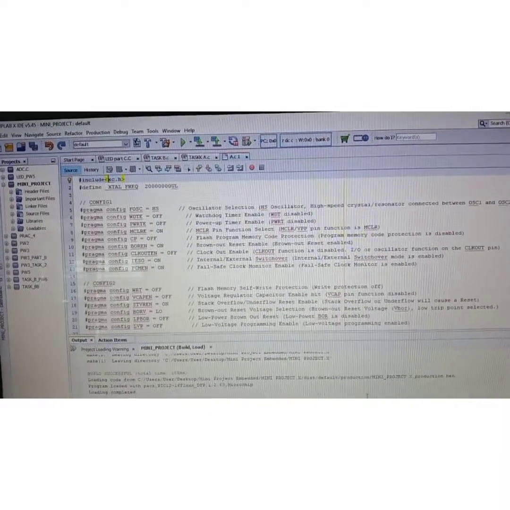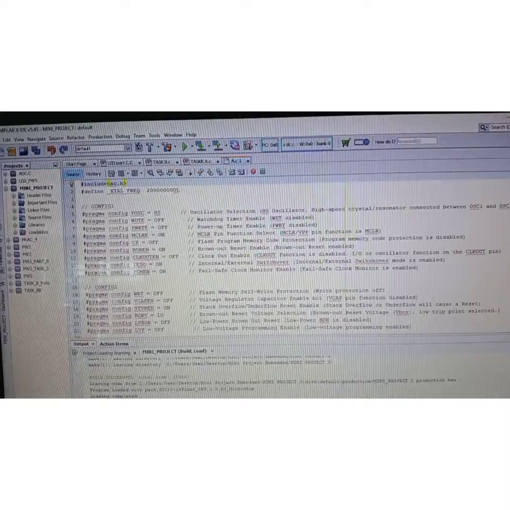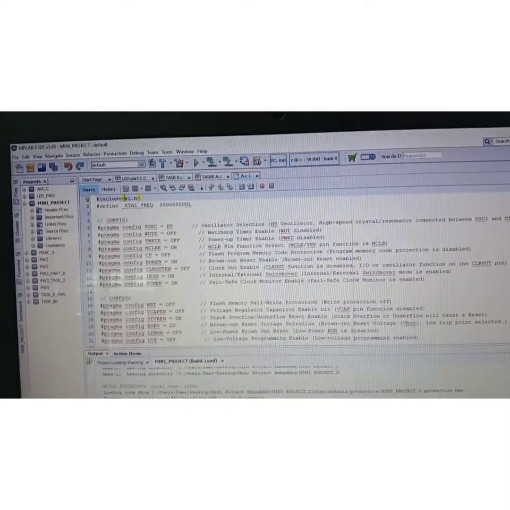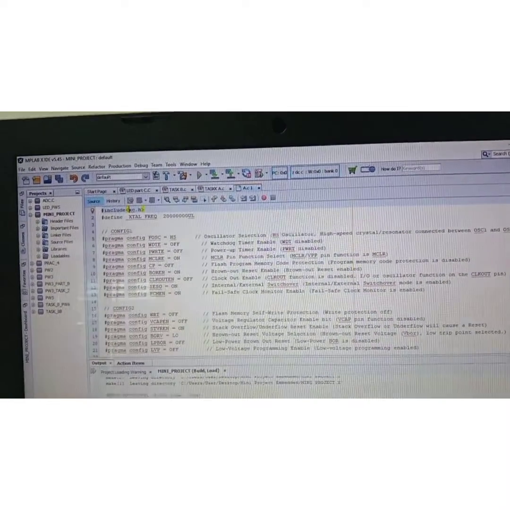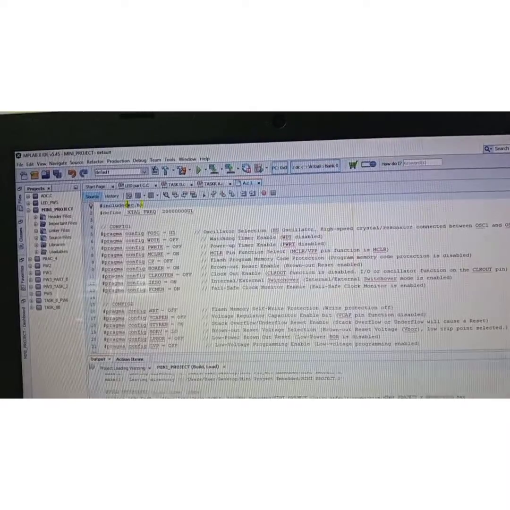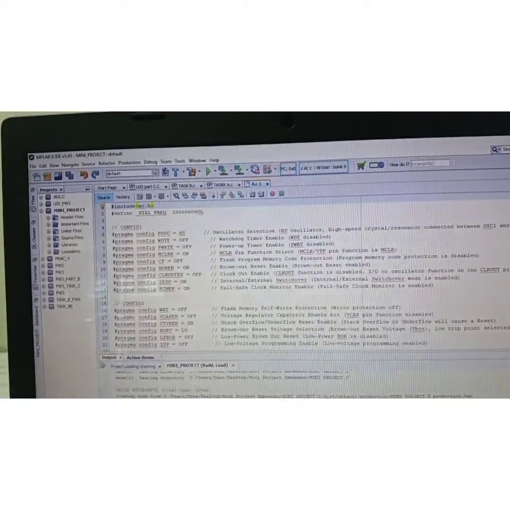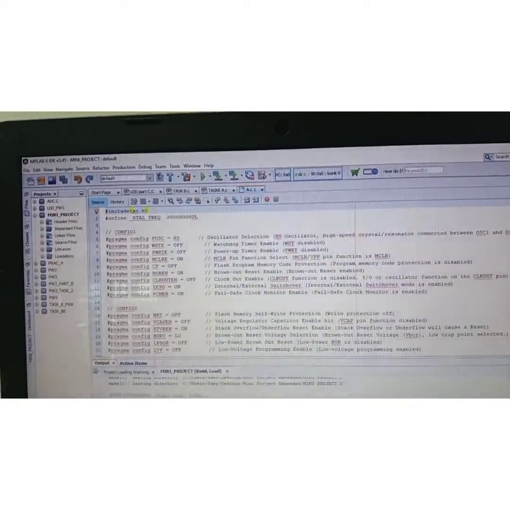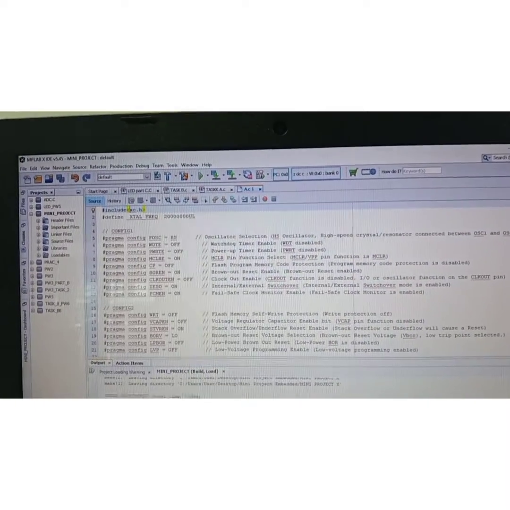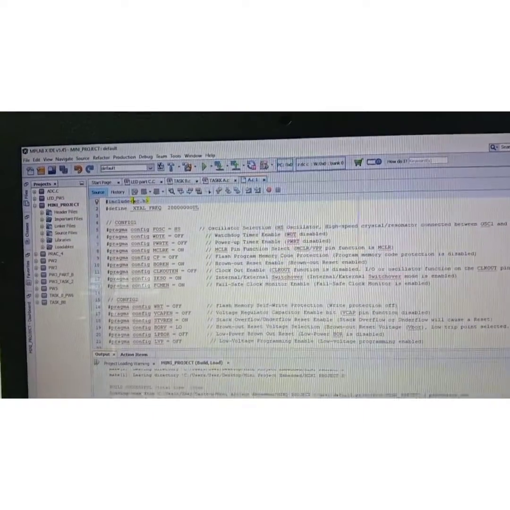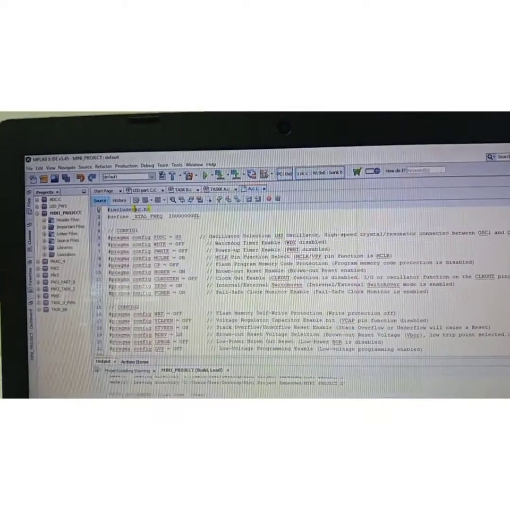Second is #pragma config WDTE = OFF, which stands for watchdog timer enable, WDT disabled. Third is #pragma config PWRTE = OFF, which stands for power-up timer enable, PWRT disabled. #pragma config MCLRE = ON stands for MCLR pin function select, where the pin function is MCLR.